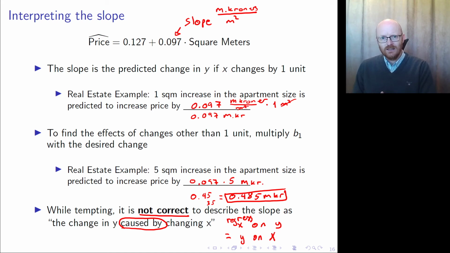Is it the extra square meters causing a higher price, or is it a higher price causing extra meters? Okay, so in some models, the causality is quite difficult to interpret. Okay, maybe not so much here, but okay.